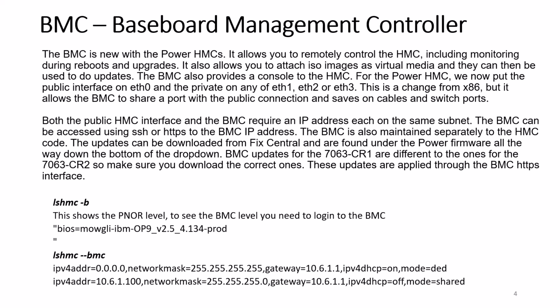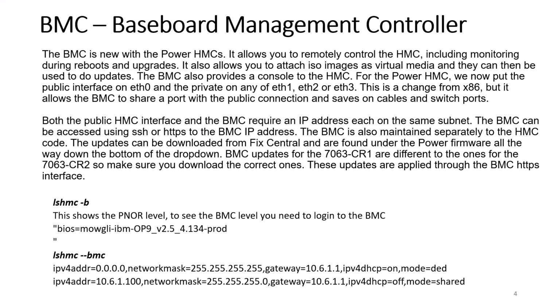So both the HMC public interface and the BMC interface require an IP address on the same subnet. You can access the BMC just like the HMC using SSH or HTTPS. Additionally, that BMC is maintained separately to the HMC code. So think of it as the difference between the firmware that you put on your server and the operating systems you put on the server.